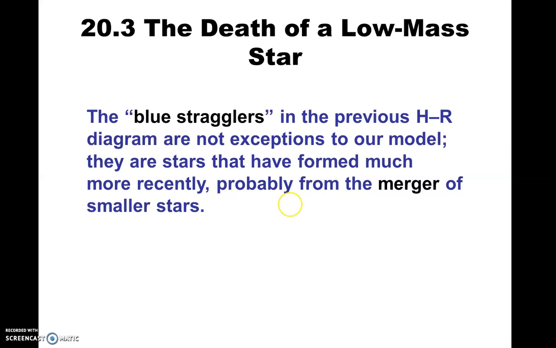So it turns out that when one of the members of the binary star system dies, that'll actually affect what goes on with the other one, and we're about to see all that.